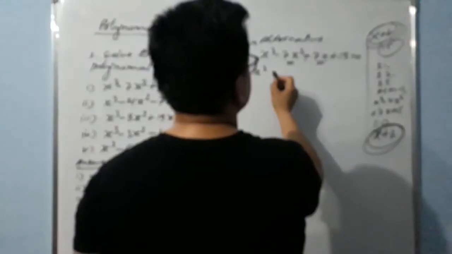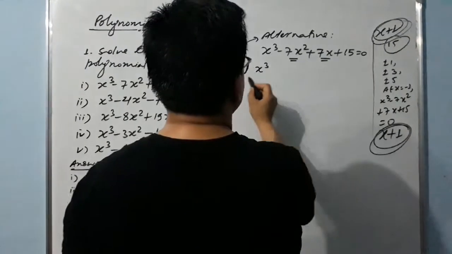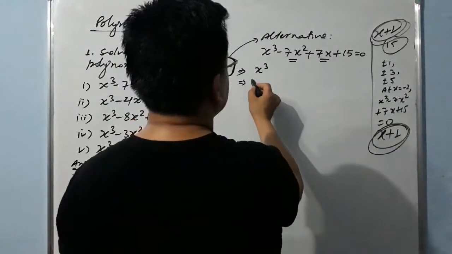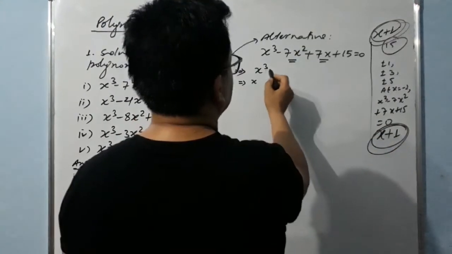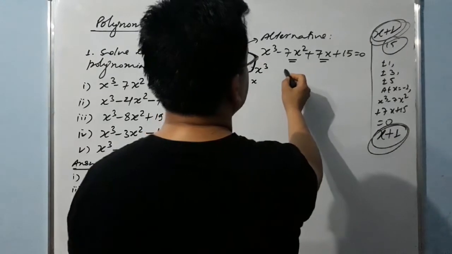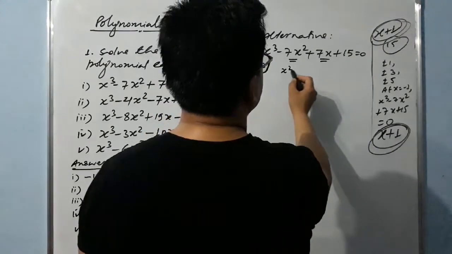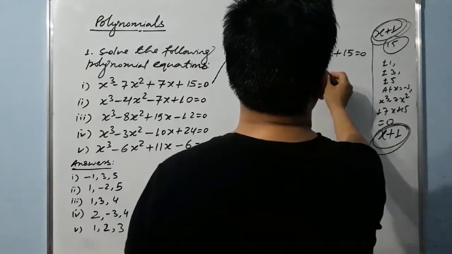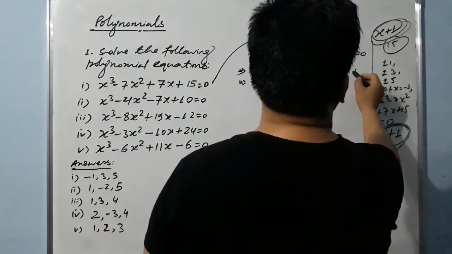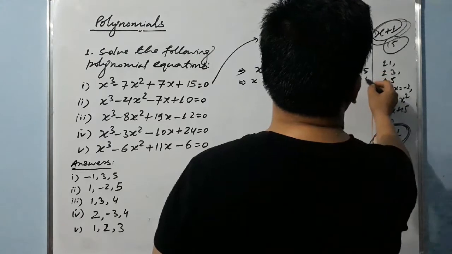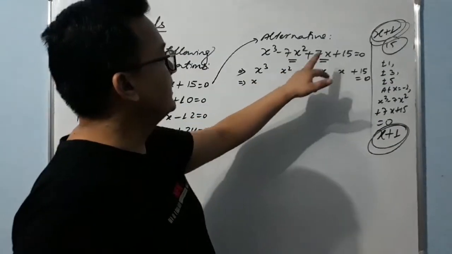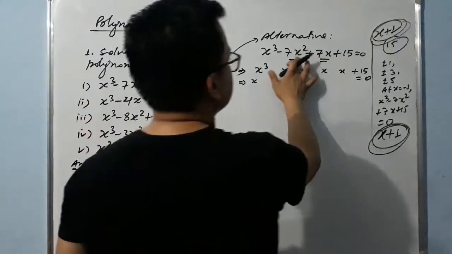So here x plus 1, like this type of scenario. Second, I am also writing here, it will be easy. X, because here definitely you will get x square, and here also x square, and here also x, and x, finally 15. There is no doubt, right? Simply because you are going to break this x square into two terms.